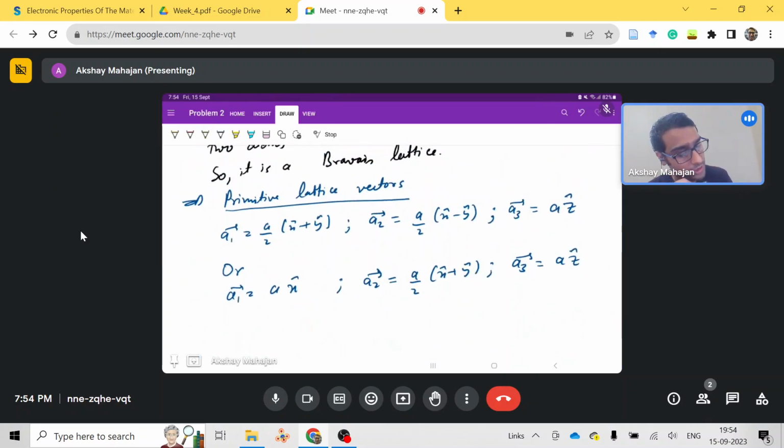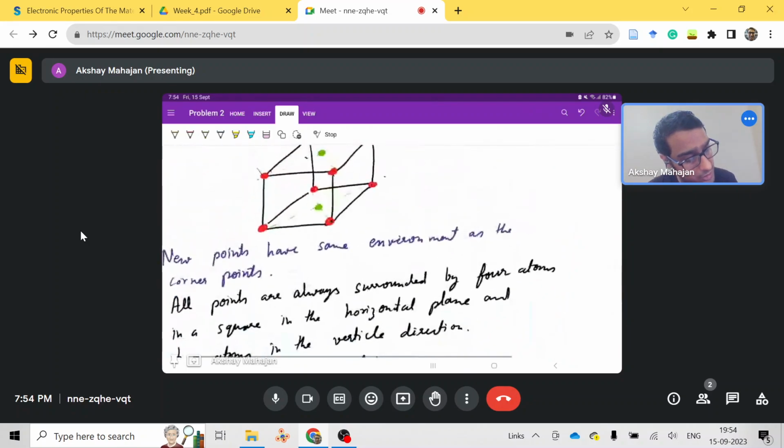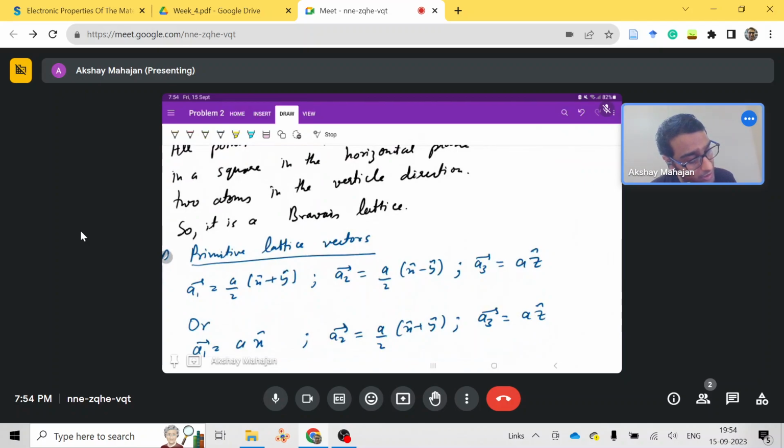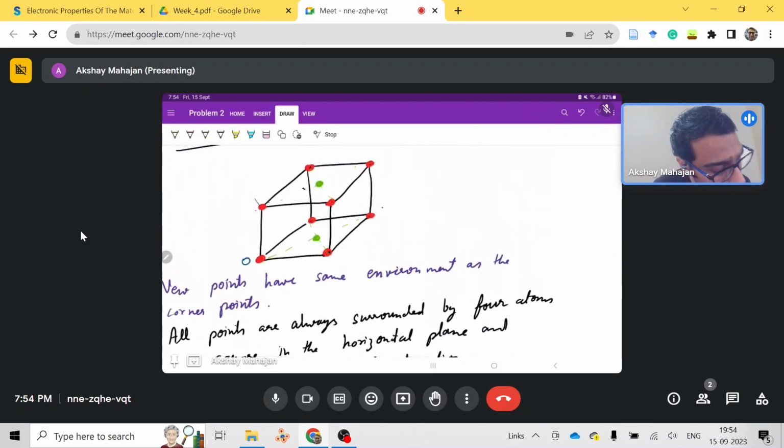So I will just show this for this. Let's say I start with this point, this is my origin O, and then I have this a1 vector which is a by 2 times x cap plus y cap. Let's say this is the x direction, this is the y direction, and this is the z direction.